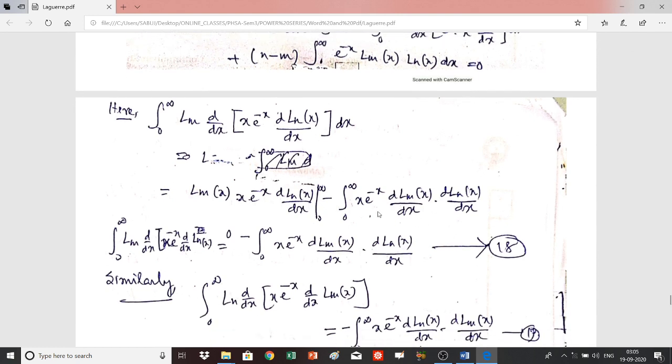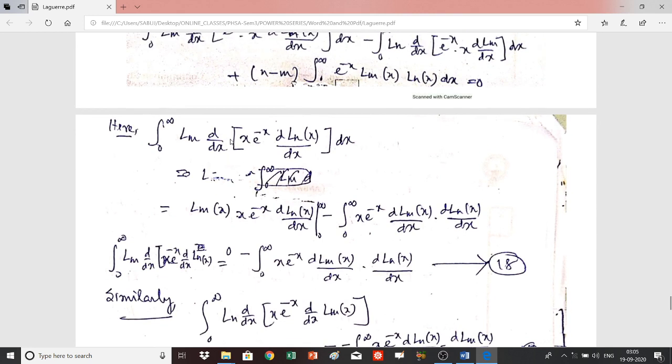Similarly, for the second term, if we use x equal to 0 first, this value will give you 0, and if we use x equal to infinity, it will also give you 0, so this term eventually becomes 0.